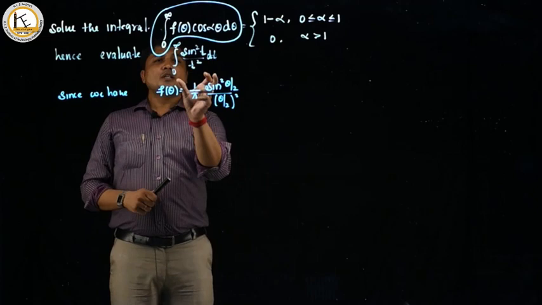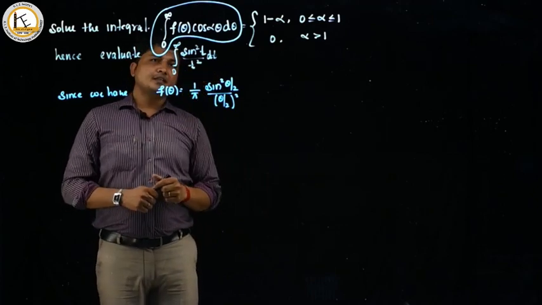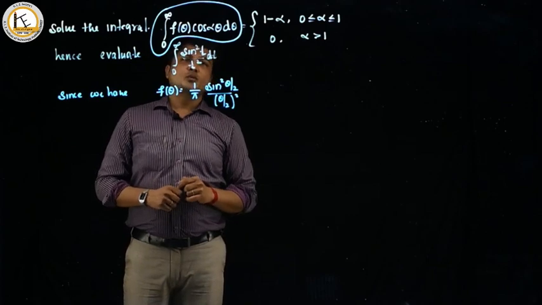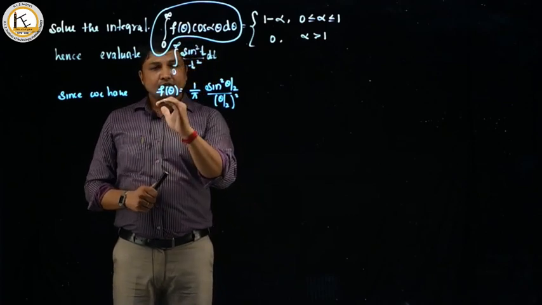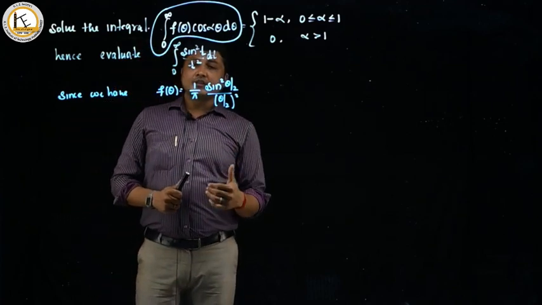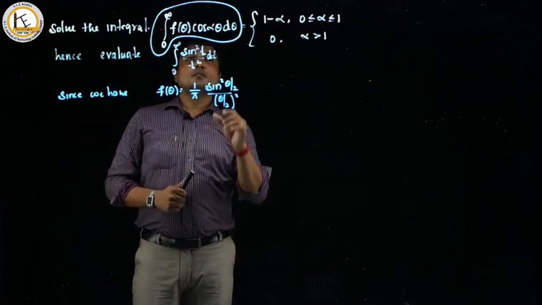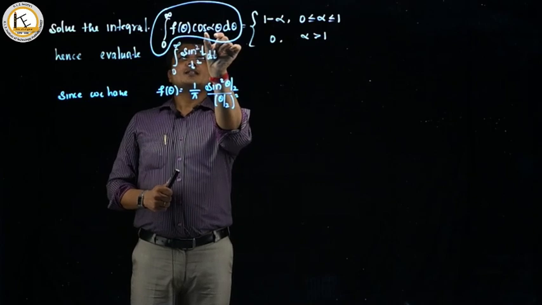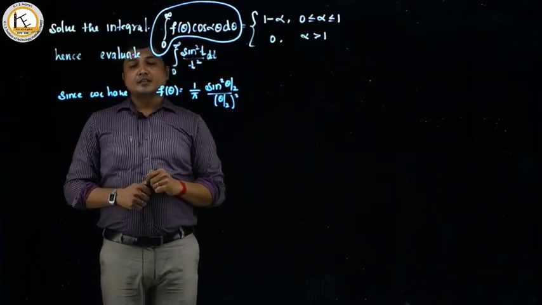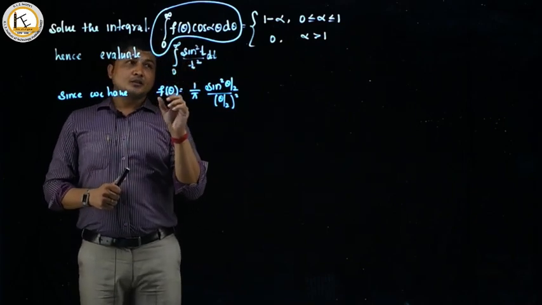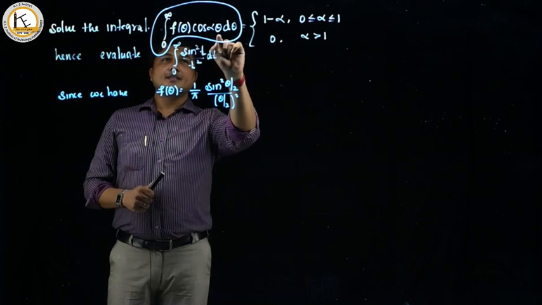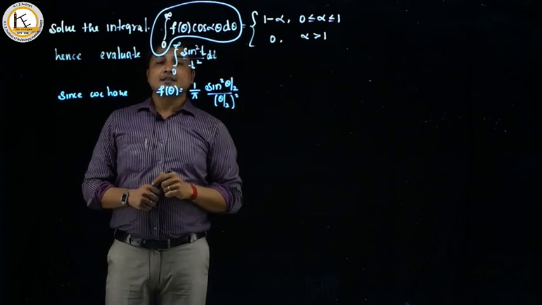Now we need to evaluate the second integral, that is 0 to infinity sine square t by t square with respect to t. And since we have f of theta, we use the formula for the cosine transform. Just observe that u is replaced as alpha, x is replaced as theta.